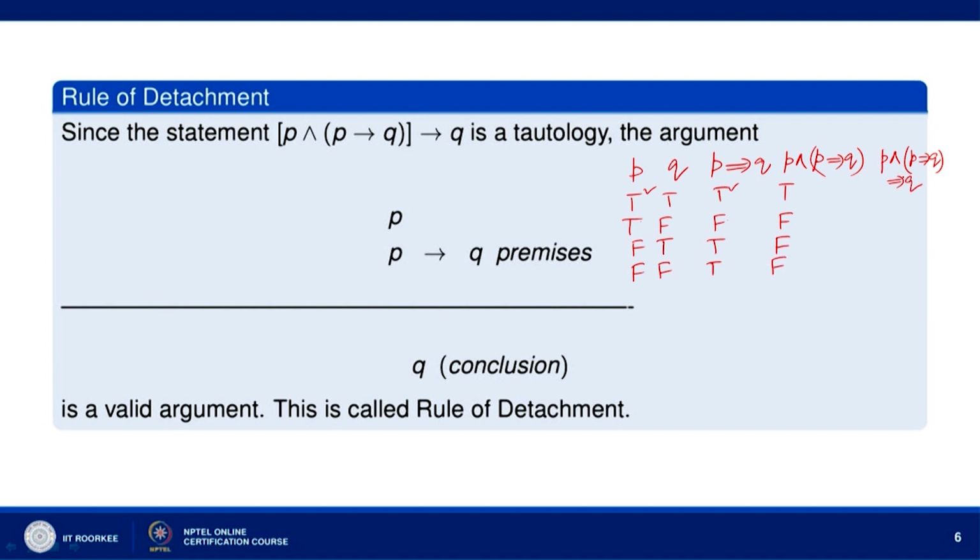Now, we have taken P and P implies Q. Now, P and P implies Q implies Q. So, we have to write the truth values of this proposition.